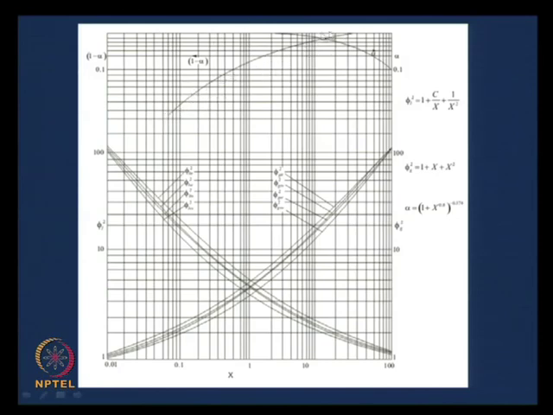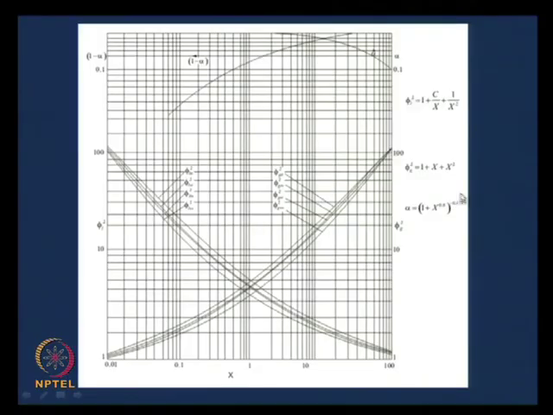This is the graph of 1 minus alpha and this is the graph for alpha versus x square. So, we find that the relationship between alpha and x square is independent of flow patterns, independent of the way the 2 phases flow when they are alone in the pipe.